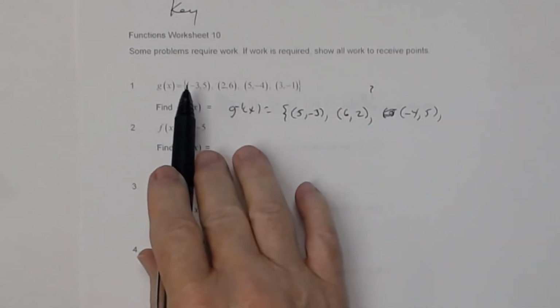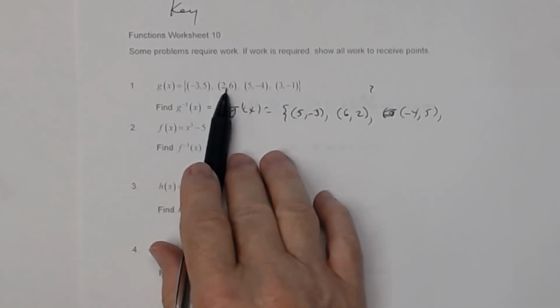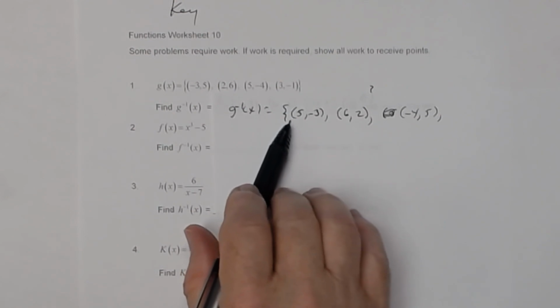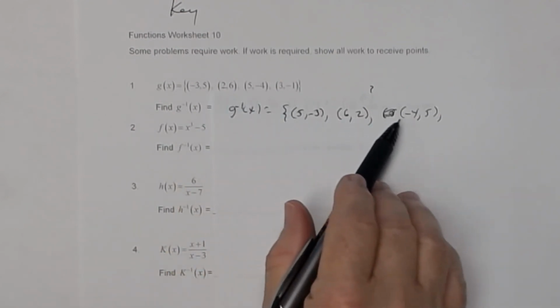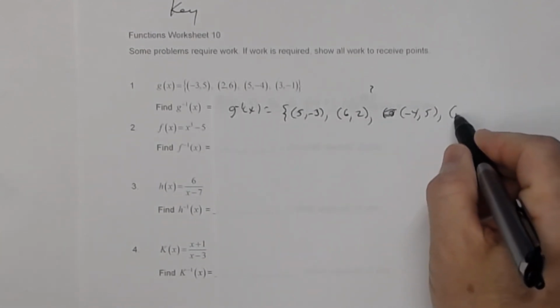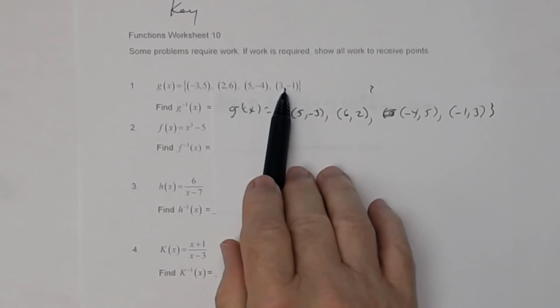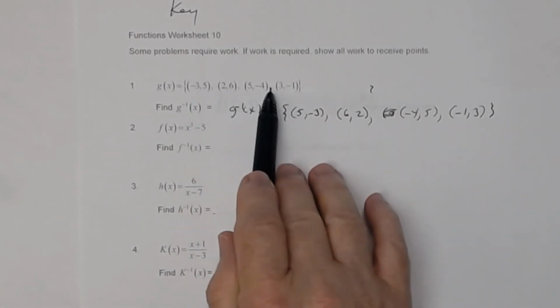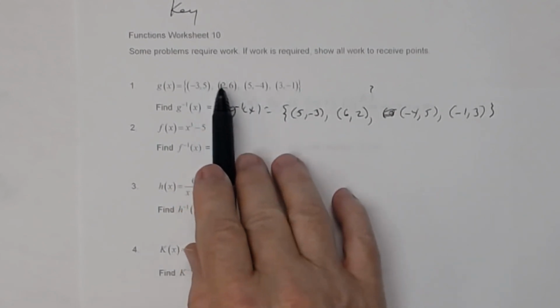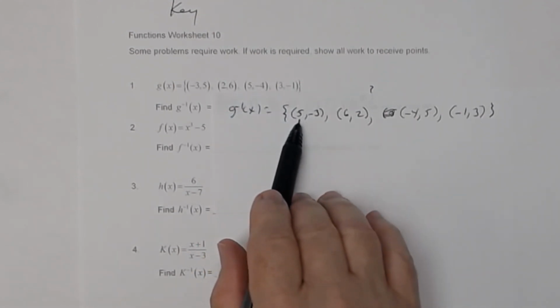So remember, the domain becomes the range. You see the domain is -3, 2, 5, and 3. And over here, that domain becomes the range: -3, 2, 5, and the last one is -1, 3. So the domain of g of x becomes the range of the inverse, and the range of g of x, 5, 6, -4, -1, the set of y coordinates, becomes the domain.